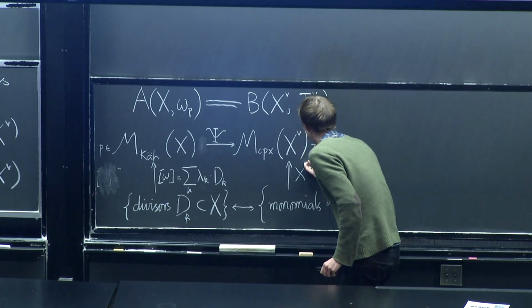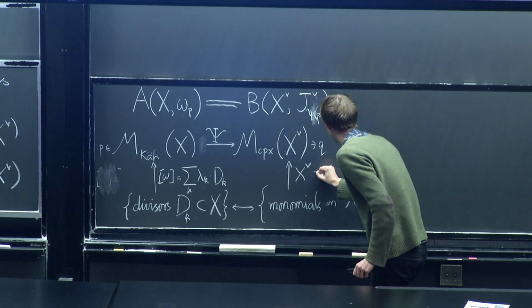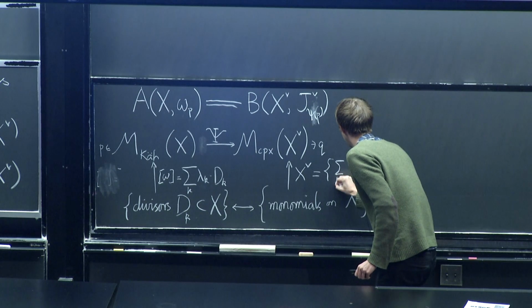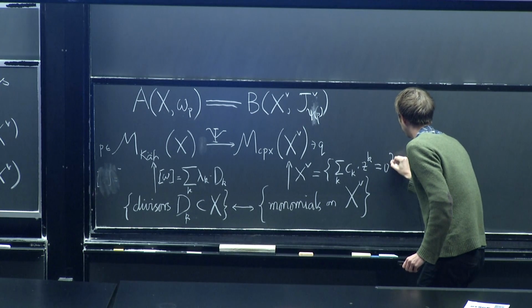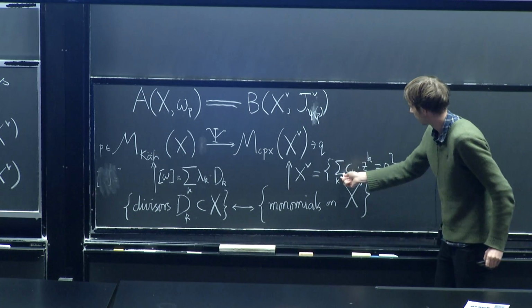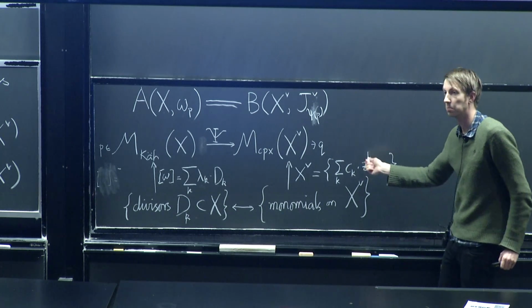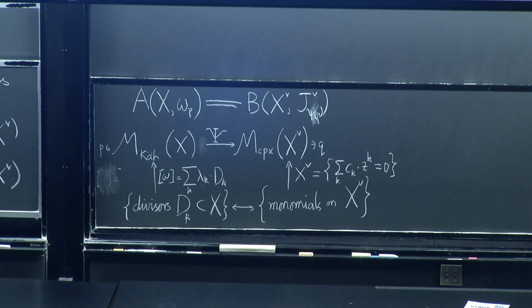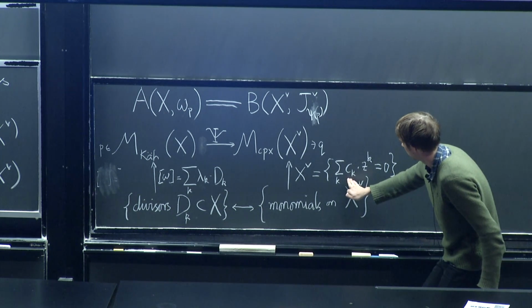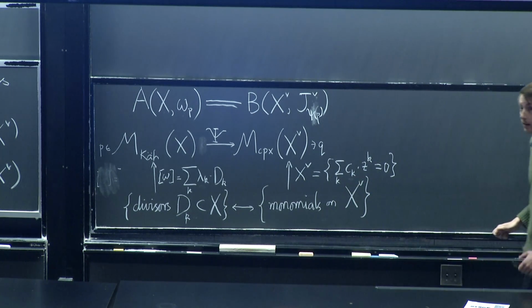Whereas on this side, if we're defining our variety X check by some equation, sum of ck times some monomial, z to the k, the vanishing locus of that, then these parameters ck give you parameters on the space of complex structures on X check. Because if you take hypersurfaces with different defining equations, they're going to end up having different complex structures on them.